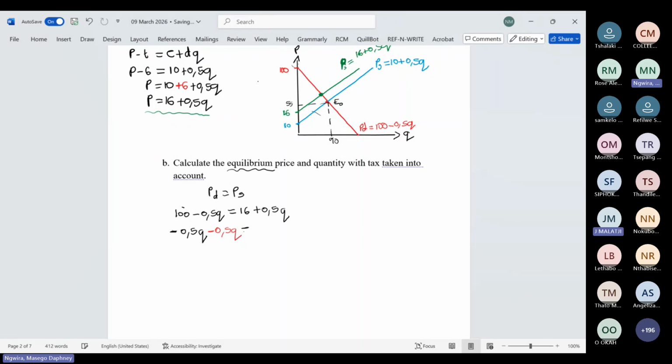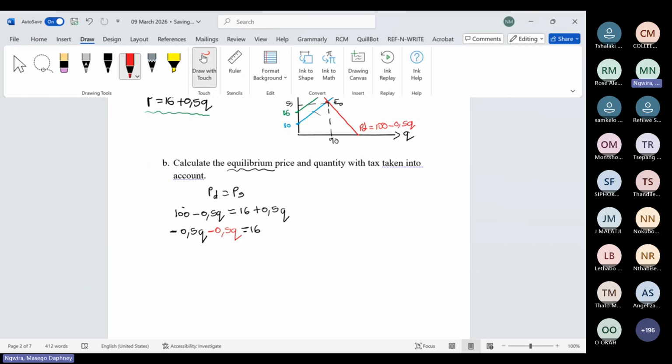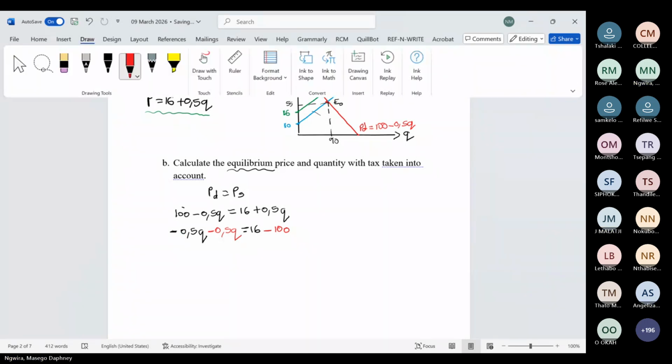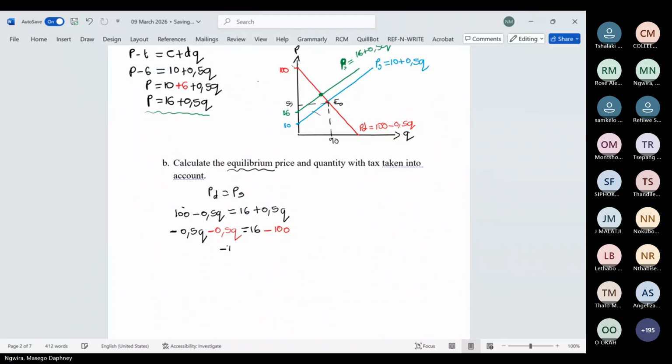And I'm going to move 100 to my right-hand side. When I move this 100, it changes the sign and becomes minus 100. Now I use the calculator: negative 0.5 minus 0.5 gives 1. Half plus half is 1. So this is negative 1Q. And then 16 minus 100 is negative 84. So this will be minus 84.